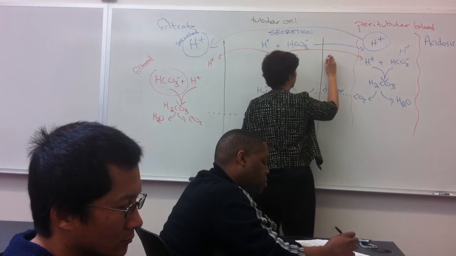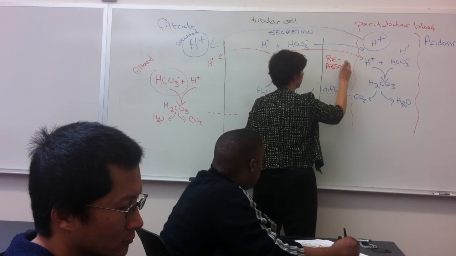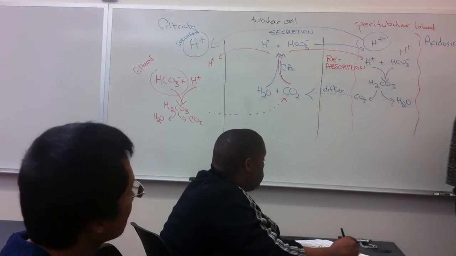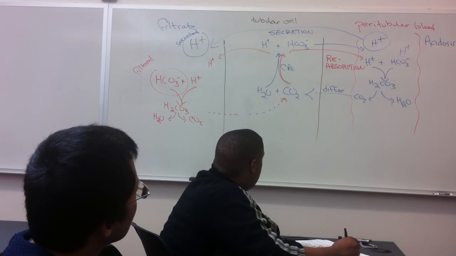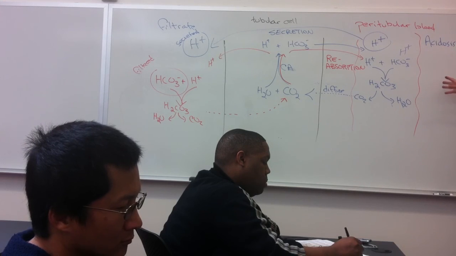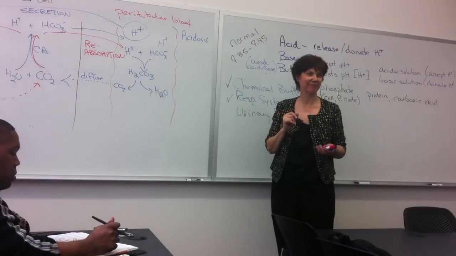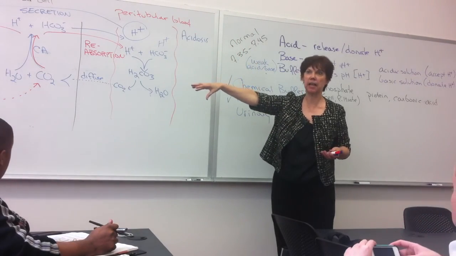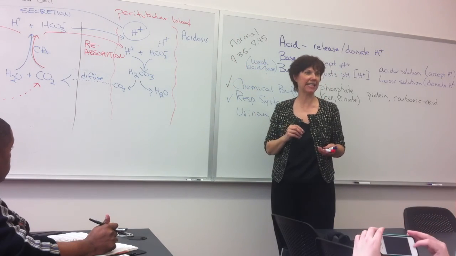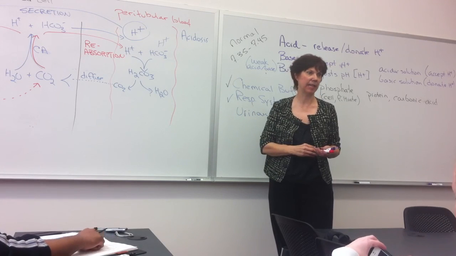So now this is reabsorption. Taking hydrogen ions from the blood, converting them to carbonic acid, ending up with hydrogen in the filtrate. Taking bicarbonate ions in the filtrate, converting it to carbonic acid, and ending up with bicarbonate ions in the blood.